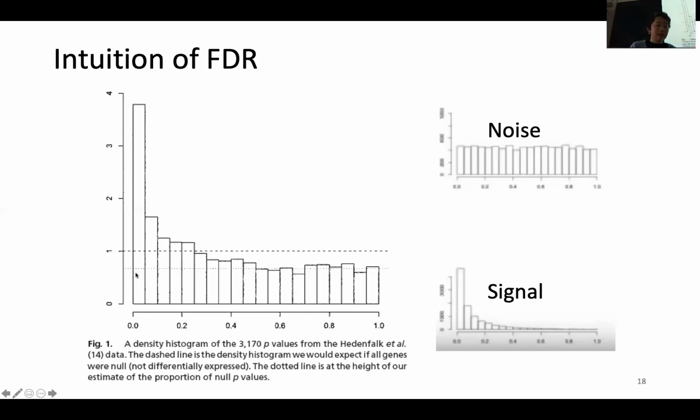Just random chance, even if the two distributions have no difference. So these genes are going to be the random noise, whereas anything above this dotted line, these are the real signals. And so what is the FDR if you cut off at this level?